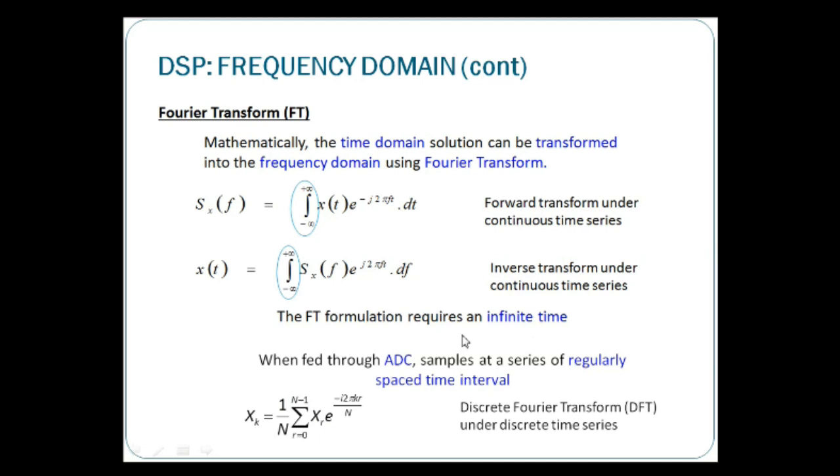But if you remember, here we are dealing with digital signals. It is a discrete or digital signal. You have a finite length of signal, a finite time. So here the Fourier transform is not suitable, so we use the so-called discrete Fourier transform.